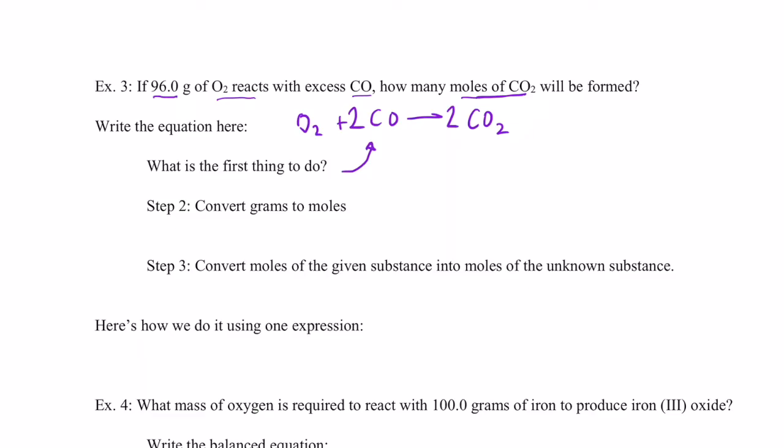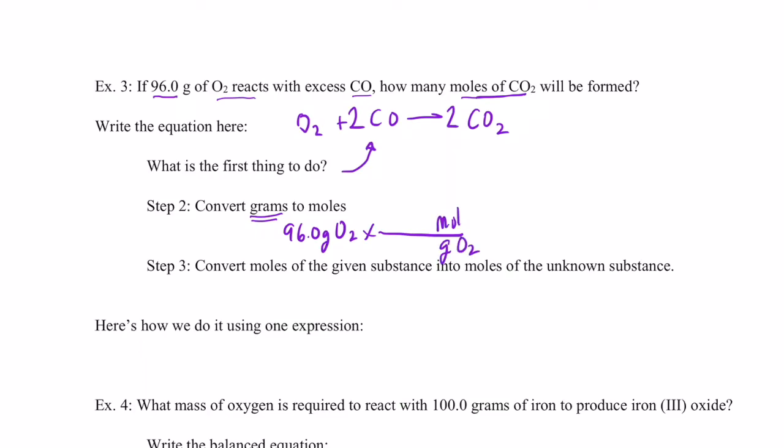Now remember, stoichiometry is the mathematics of a balanced equation, and the balanced equation gives us a mole ratio. So if I have grams to begin with, I need to convert that to moles so I can use the mole ratio in the balanced equation. So I have 96.0 grams of O2. We're going to multiply by a line. We're going to get rid of grams of O2.